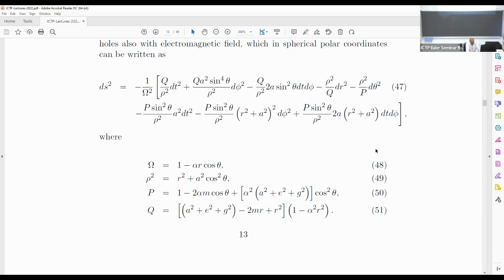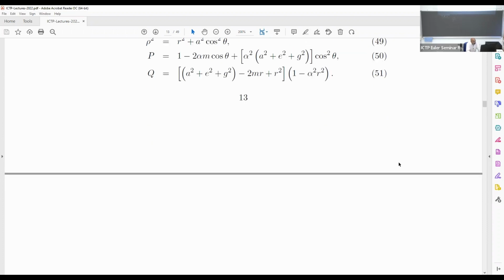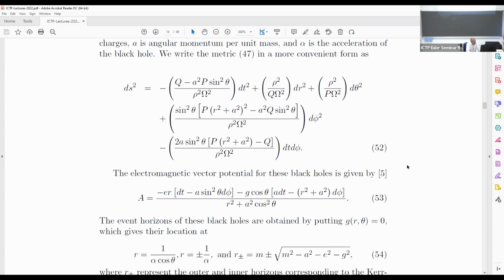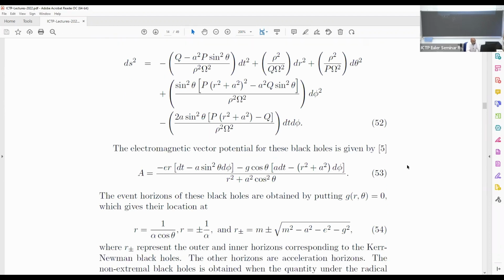So this is called the Plebanski-Demianski class of exact solutions of the Einstein field equations. And thank you for mentioning that we are only discussing exact analytical solutions, and not going into the other subjects. This line element is again written in another form, with the electromagnetic potential.